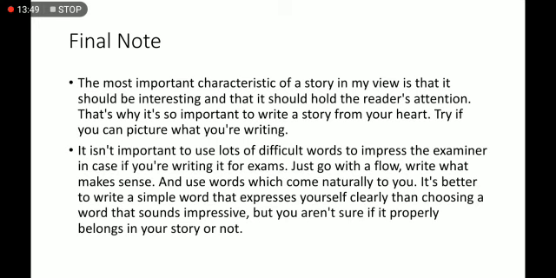And if you're doing that, I'm sure that can also help you to connect well with your audience, and they would also be able to imagine in their heads what it is that you want to communicate to them. So that's the first requirement. The story should be interesting. It should be able to capture the reader's attention.